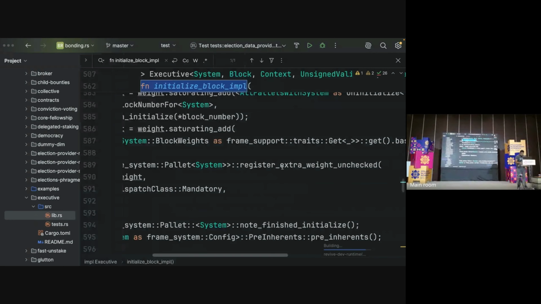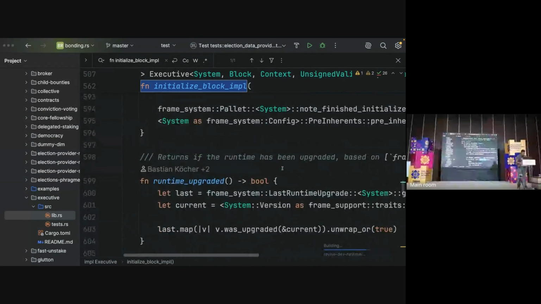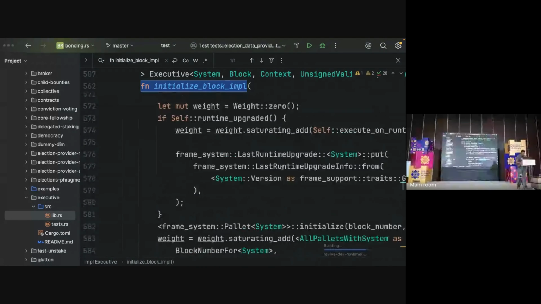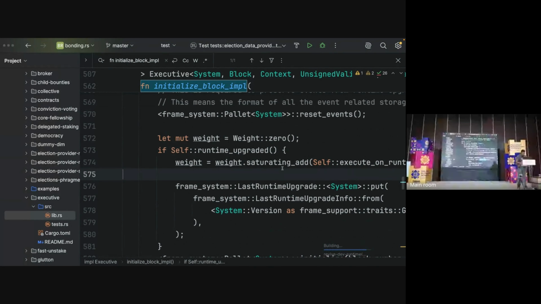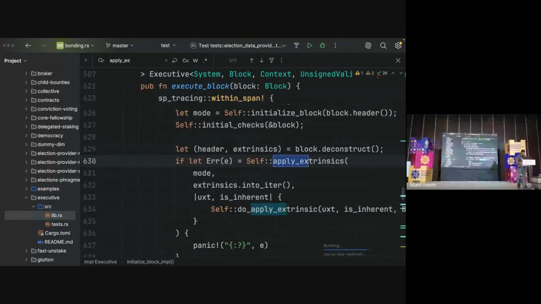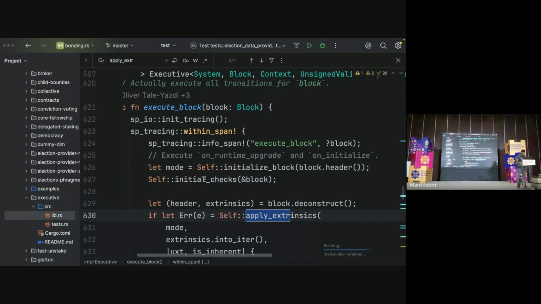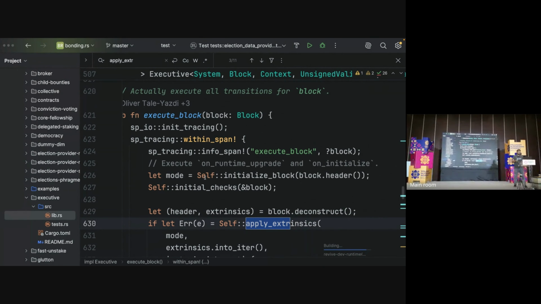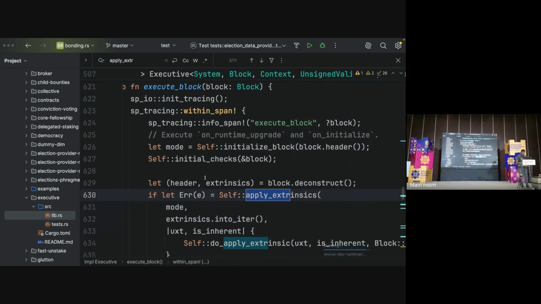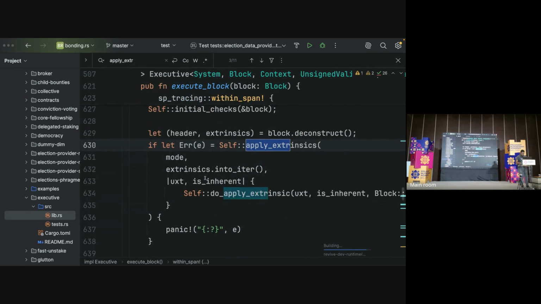It's registering some extra weight unchecked. What else? Okay, maybe initialize block is not that fun. Maybe apply extrinsic. What are you looking for? Nothing, just going around. Let's see what happens in apply extrinsic.